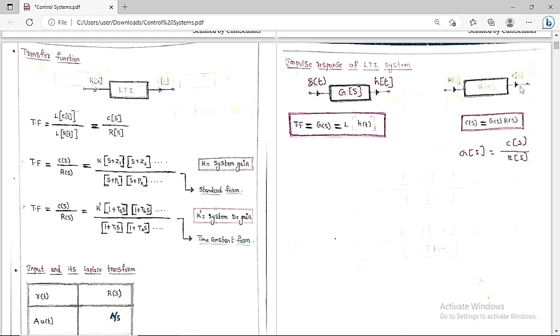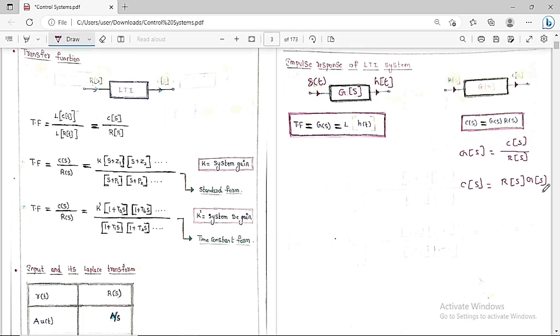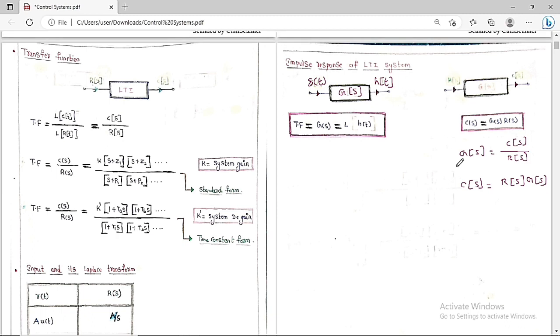If we rewrite this, we get C of s equal to R of s into G of s, or G of s into R of s; it is the same. Always keep in mind that for any system, the transfer function is the Laplace transform of the impulse response, and C of s is always equal to R of s into G of s.